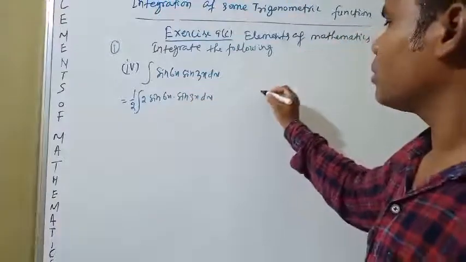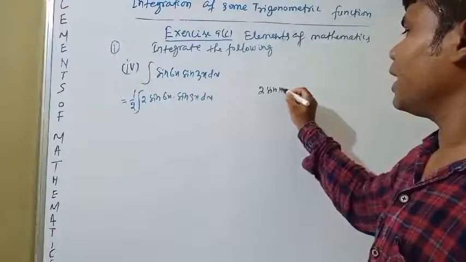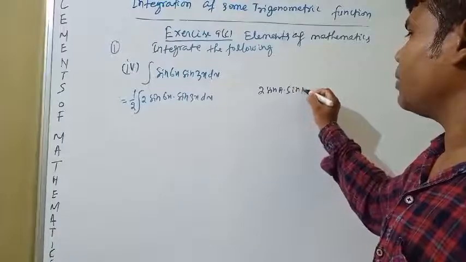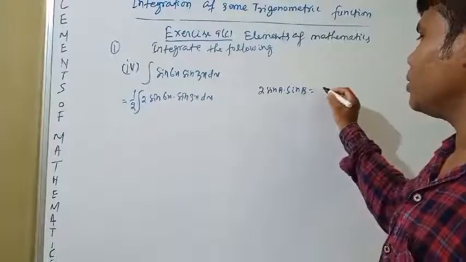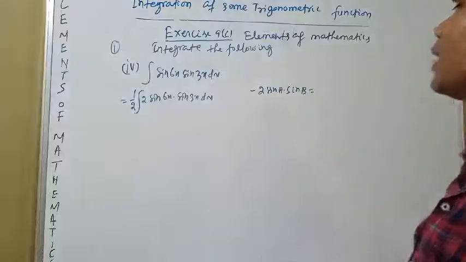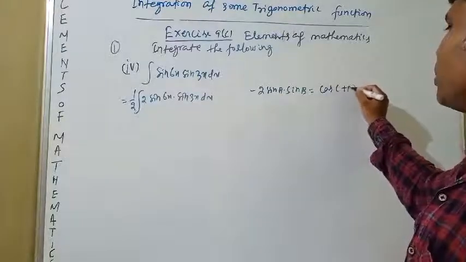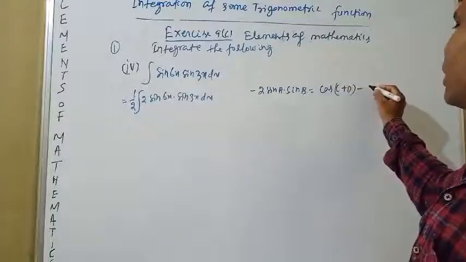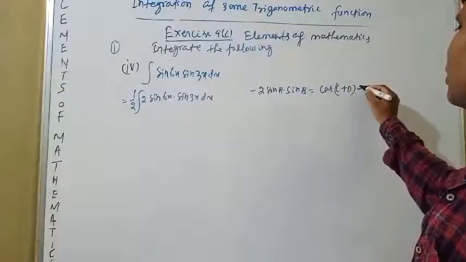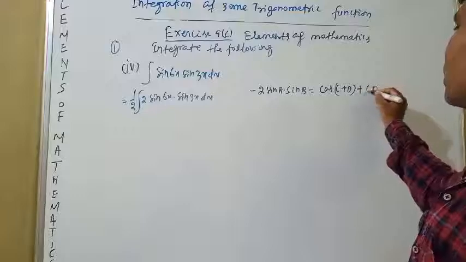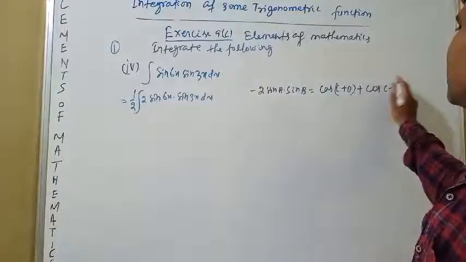You know minus 2 sin a into sin b is equal to cos c plus d minus cos d minus c.